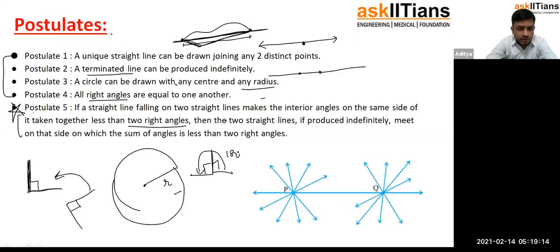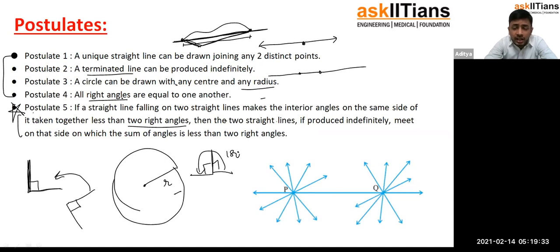Look, let us read what it says. If a straight line falling on two straight lines, so let us say there are two straight lines, let us call this line L and this line M. If a line falling on these two straight lines, let's call this line N, makes the interior angles on the same side of it.